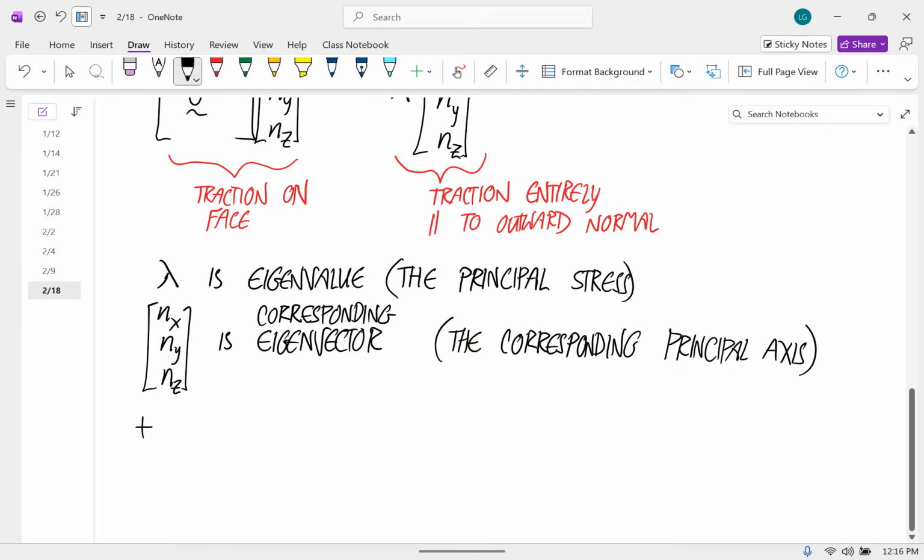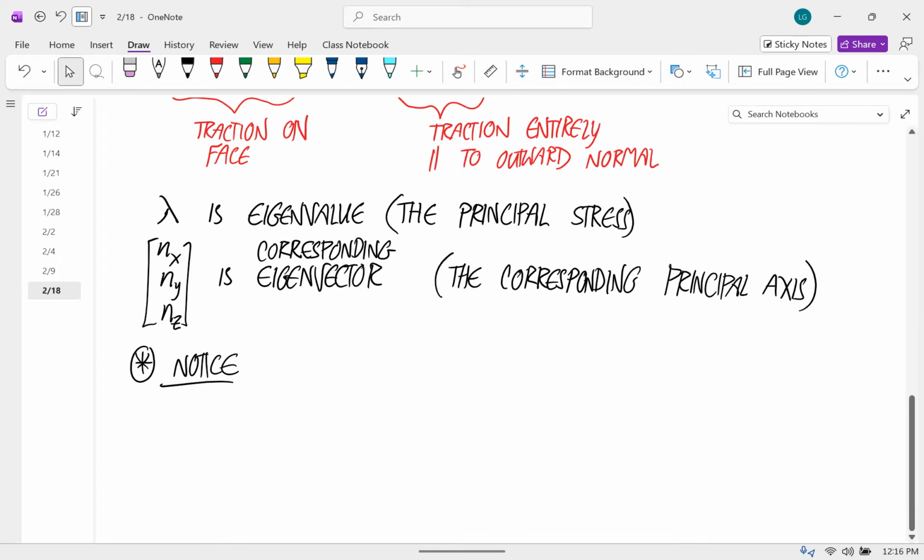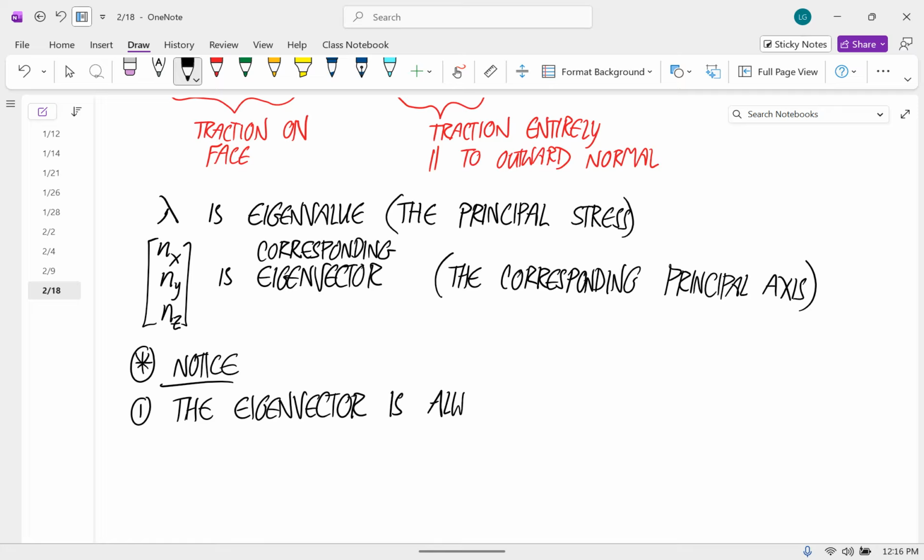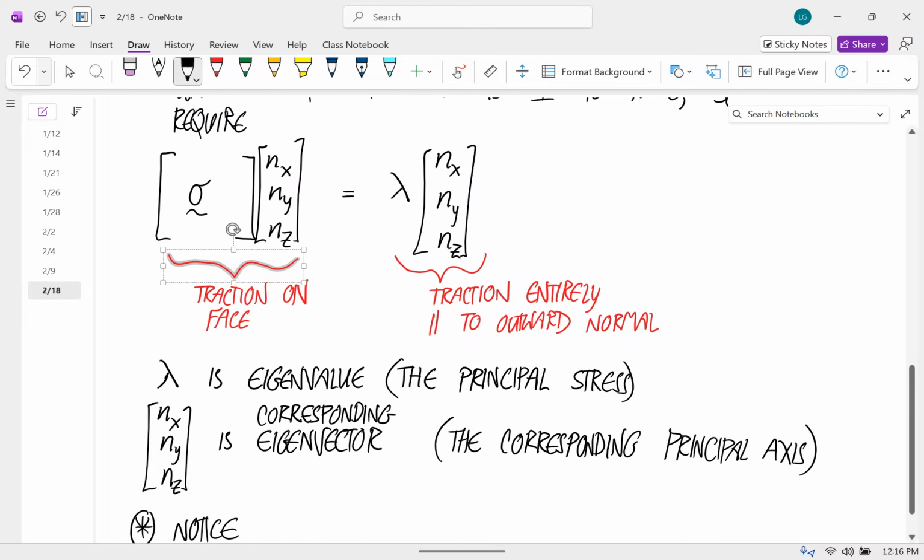Notice a couple things. So the first one is the eigenvector can be plus or minus. It doesn't matter, like if you multiply an eigenvector by -1, you still get an eigenvector.